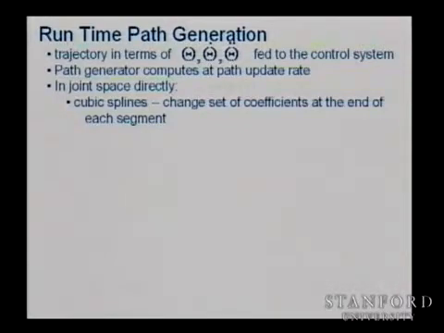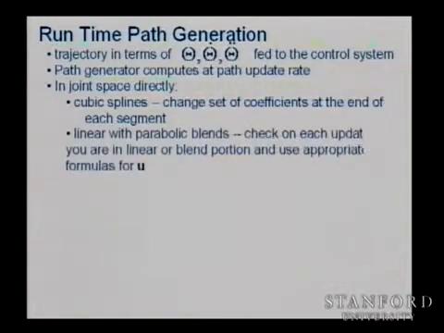Let's say we're using cubic splines, we can change the set of the coefficients at the end of each segment and feed that to the control system, right? So we start with a certain set of coefficients, we feed it to control, the robot is moving. When we approach the other one, we say, okay, at time this, feed those numbers, at time that, feed those numbers, etc., and we get that cubic spline.